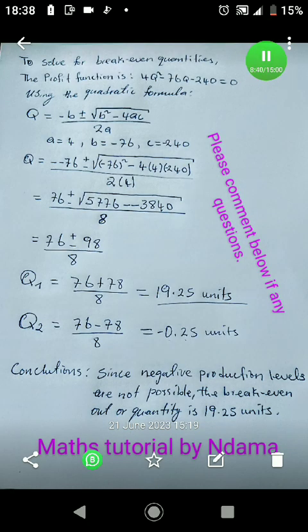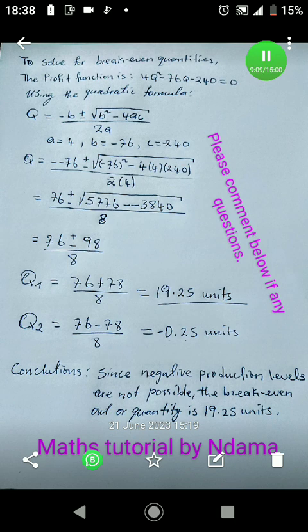In the last section of the question, they say to solve for break-even quantity. The profit function is that. Therefore, using the quadratic formula, break-even quantity is that quantity that will equate what? That will make total revenue minus total cost equal to 0, meaning it is the output where the firm makes 0 profit, or we call it what?